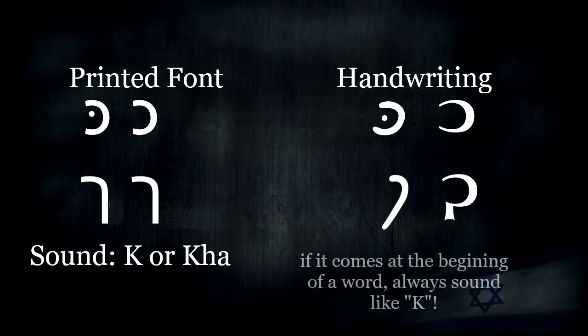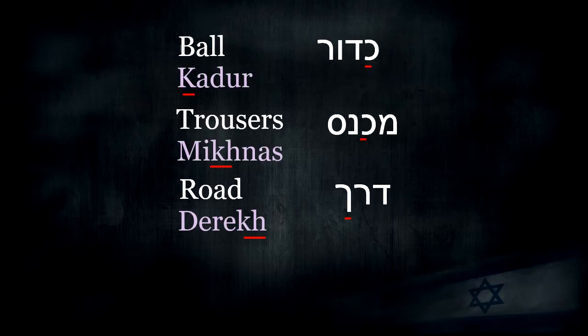If it comes at the beginning of a word, it always sounds like K. For example, Kadur. That means ball. Nichnas. That means trousers. Derech. That means road.